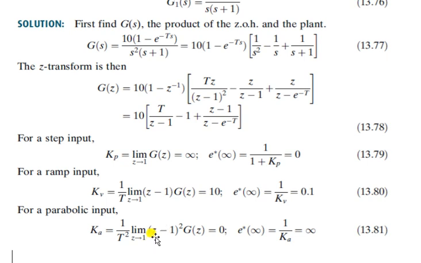If you put 1 minus 1 it will become 0, and if you multiply 0 with something, it will become 0. This is the reason you get 0 here, and 1 upon Ka, that is 1 upon 0, will be infinite. So this is the completion of this problem.